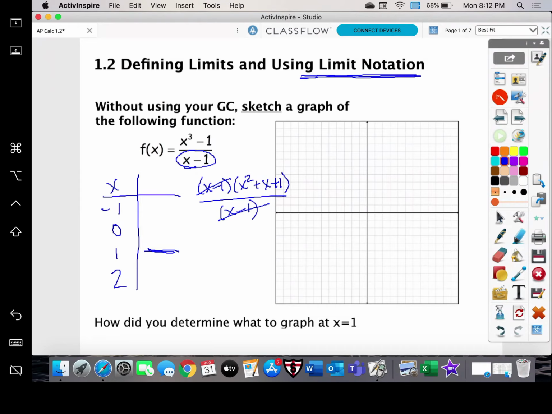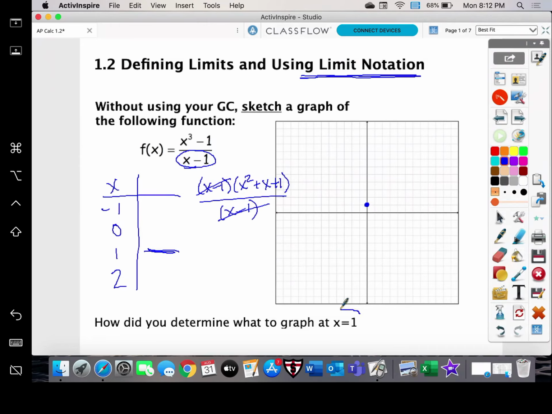Now we just have this sort of parabola looking thing that has a vertex. Somebody may have tried to do that, but however you get that graph is valid.